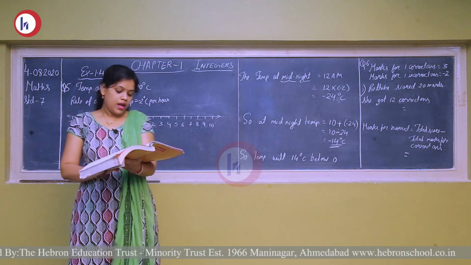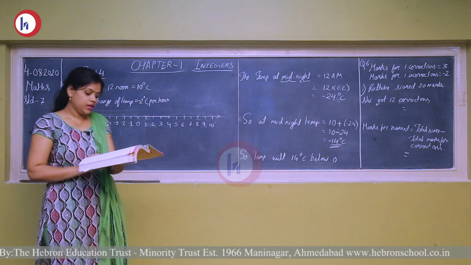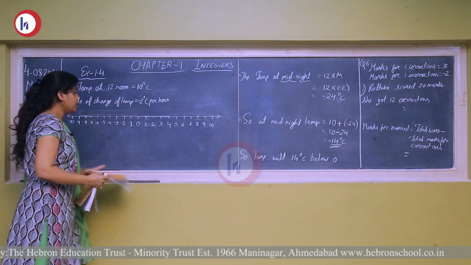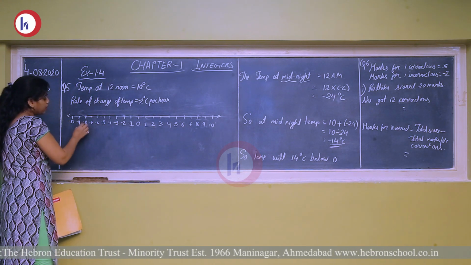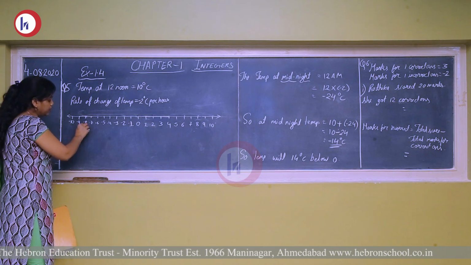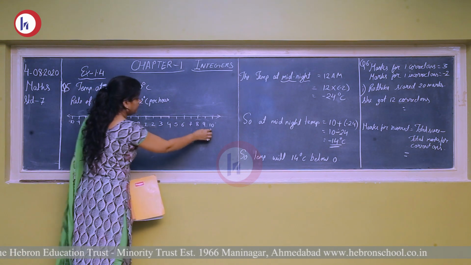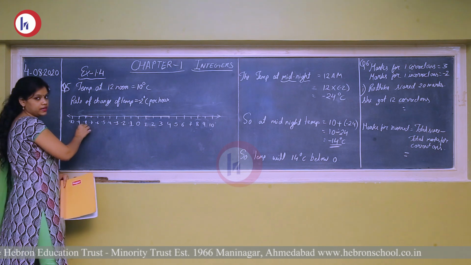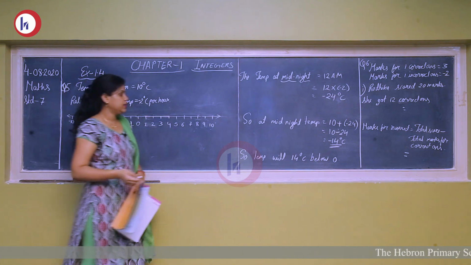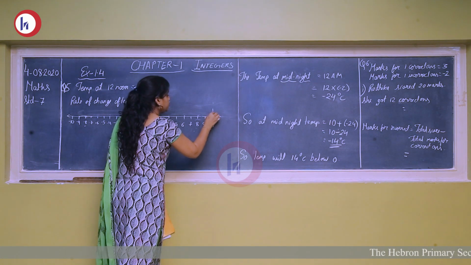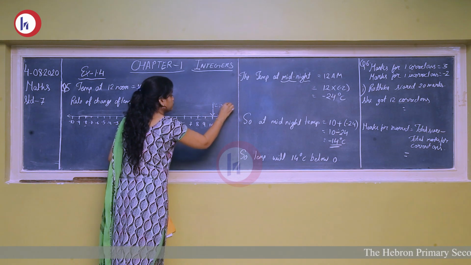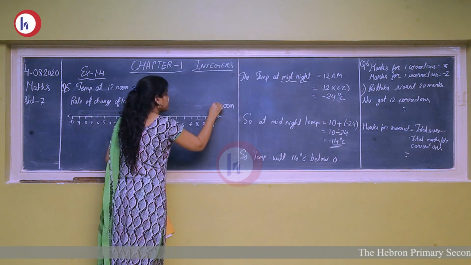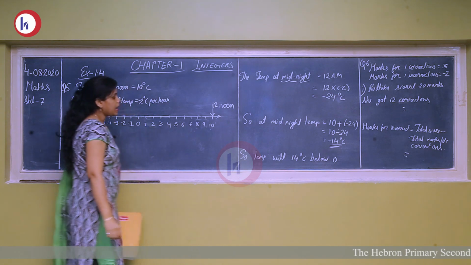Now, at what time would the temperature be 8 degrees C below 0? Now it keeps on decreasing until it reaches minus 8 degrees C. So from 10 it is going to be minus 8 degrees C, and we have to tell the time. So if you see here, it was 12 noon when the temperature was 10 degrees C above 0.